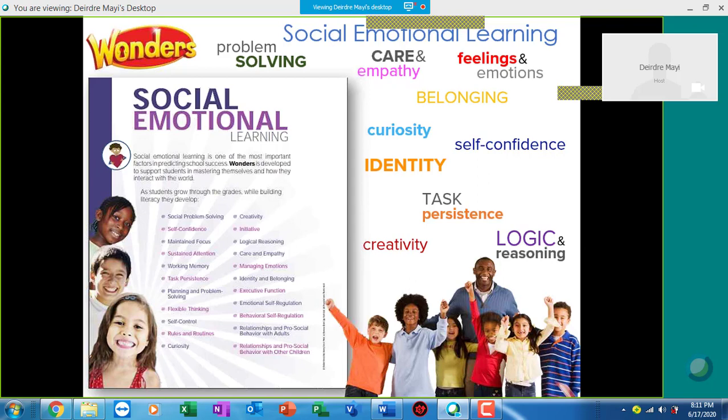If they can empathize with each other and care for each other, they will more effectively be able to collaborate with each other. And so you're going to find that we will build in all of this social emotional learning to every single week of instruction.